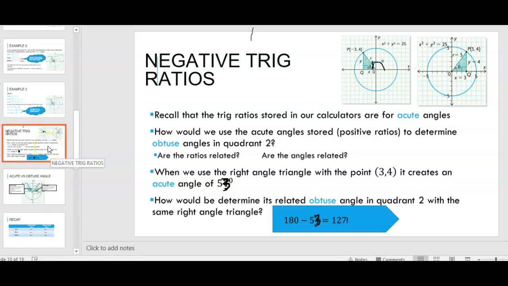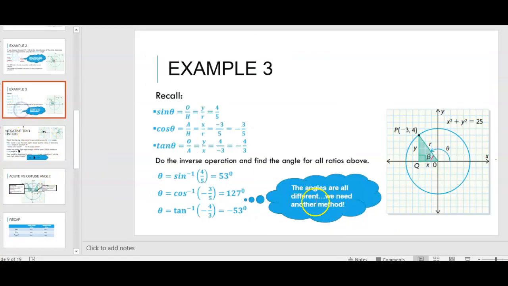If we go back to the first example that we had here, then we can write that angle theta equals 180 degrees minus 53 degrees, which equals 127.